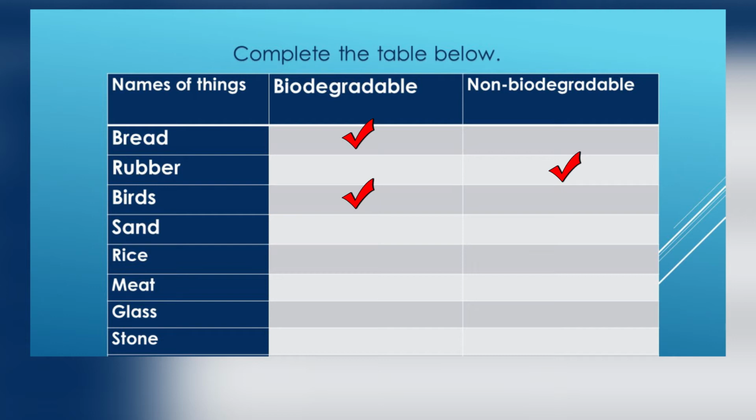All right, if you place sand in a container and leave it there in your home, it would remain there for as long as you leave it. So it is non-biodegradable. Rice. Correct, rice is biodegradable. Meat. Correct, biodegradable. Glass.